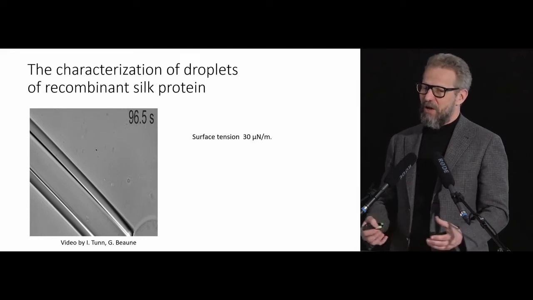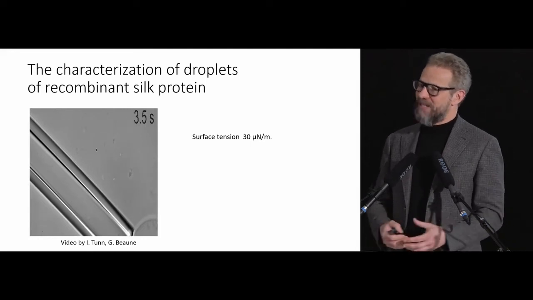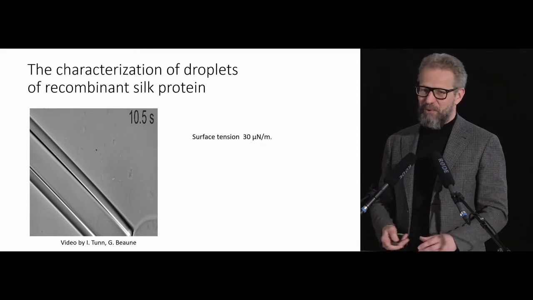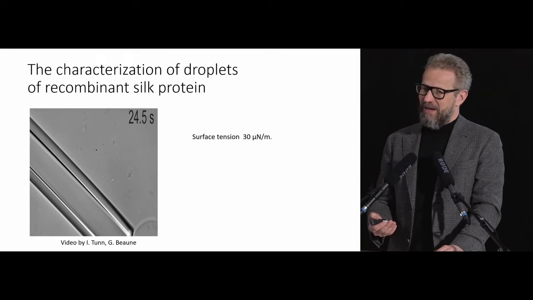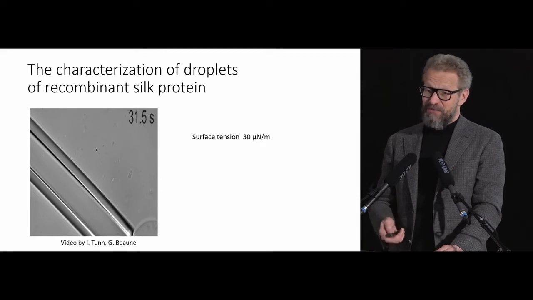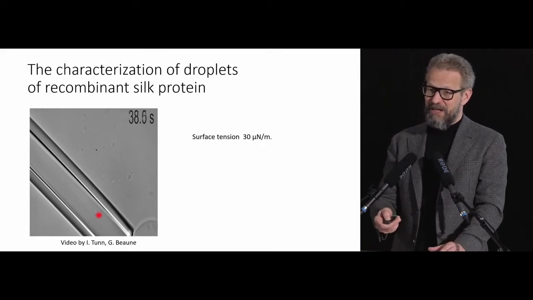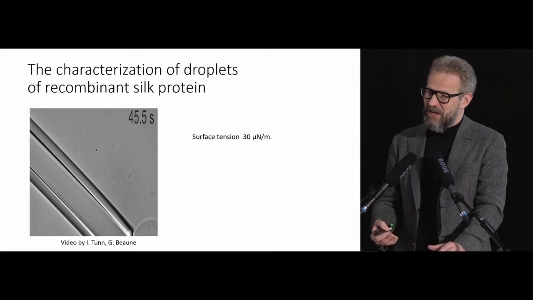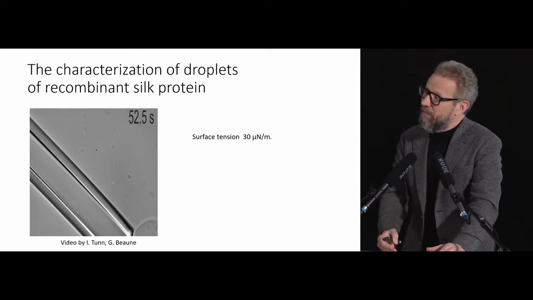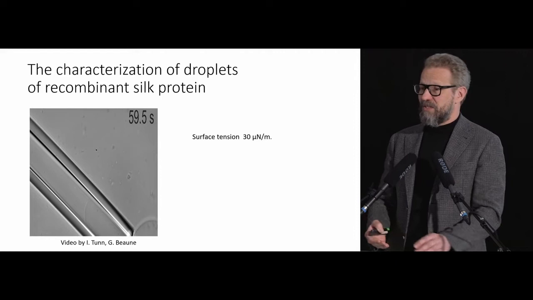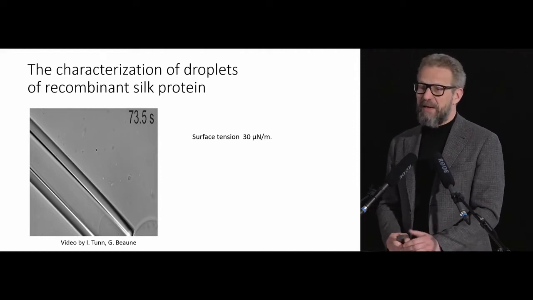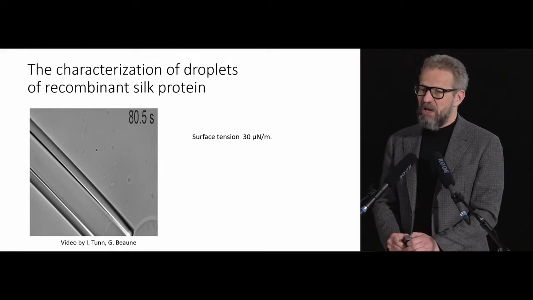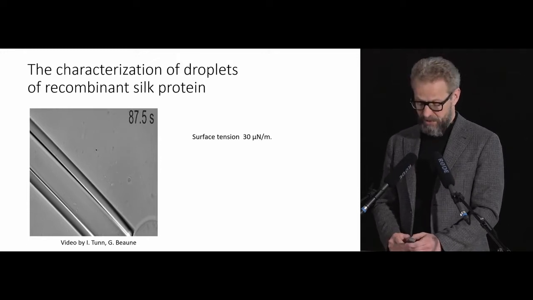And you can just take a needle and pull on these droplets. That will, for example, allow you to characterize physical properties like surface tension. In this case, it's actually below 30 micronewtons per meter, which is a very low value indeed. Even below 1 is a really low surface energy.